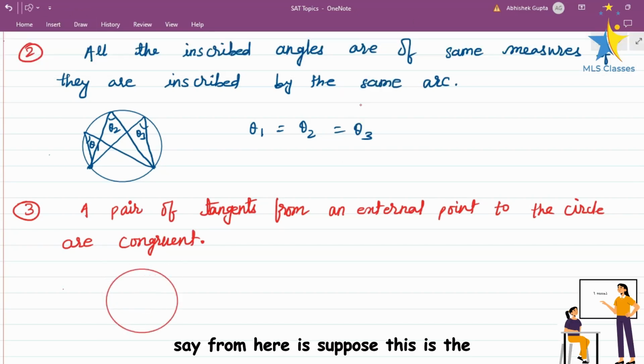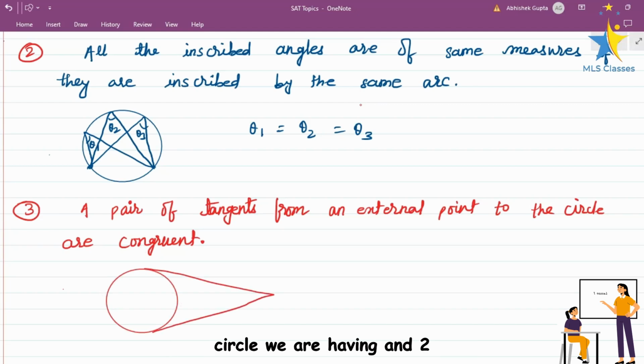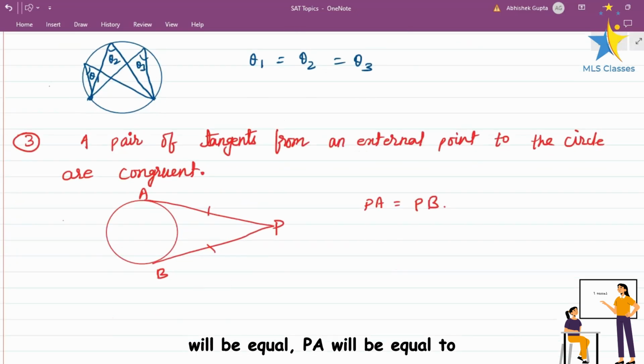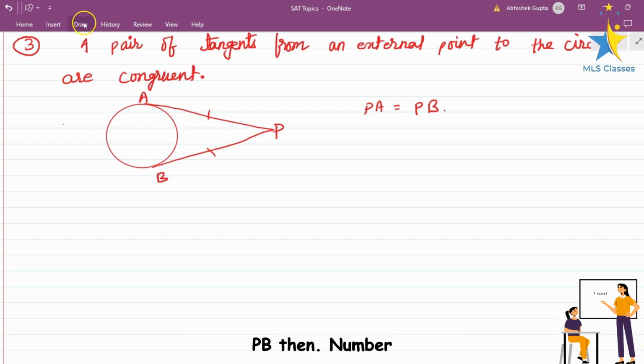That means, suppose this is the circle we are having and two tangents on this like this. Suppose this is P, this is A, this is B. Then PA will be equal to PB.